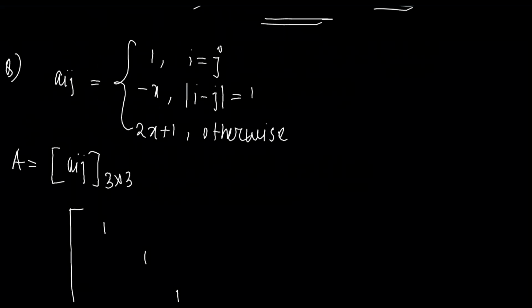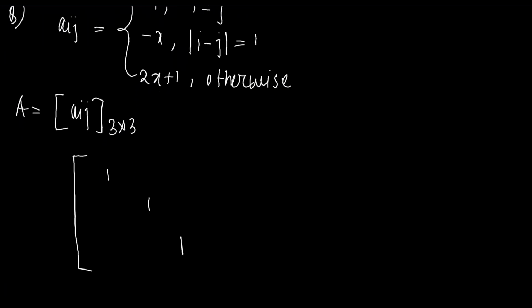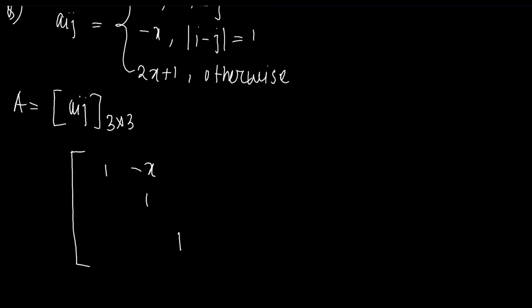Now when mod of i minus j is 1, that is, when i minus j or j minus i is 1, that is the case for A23, A32, A12 and A21. In those places we write minus x, and here also minus x, here also, and here also.